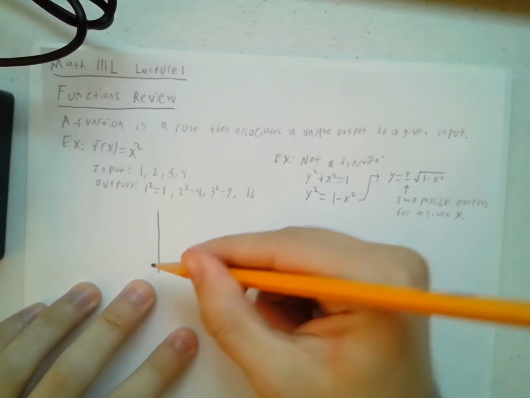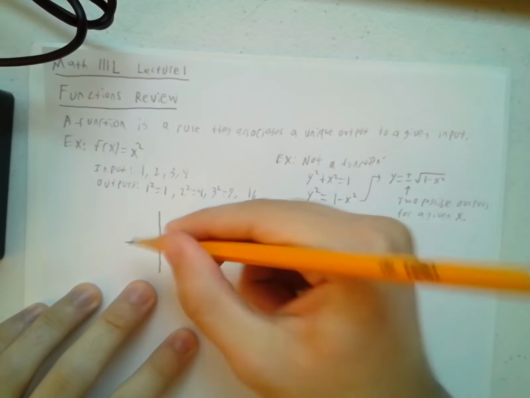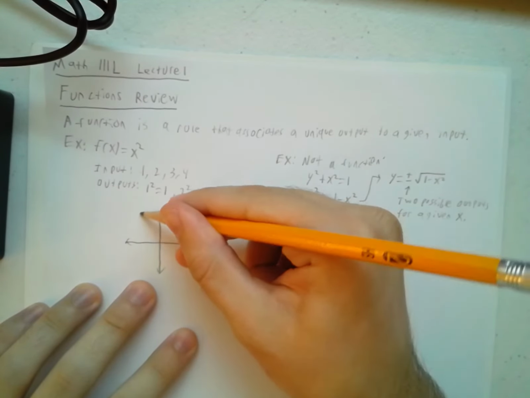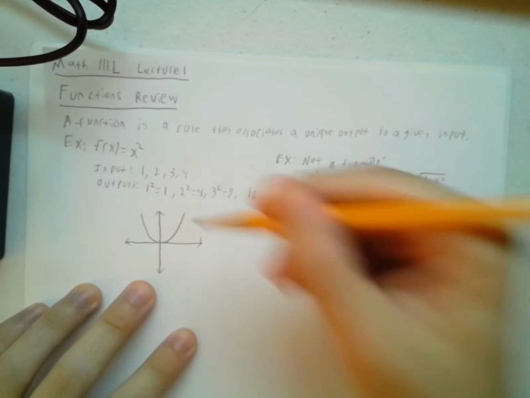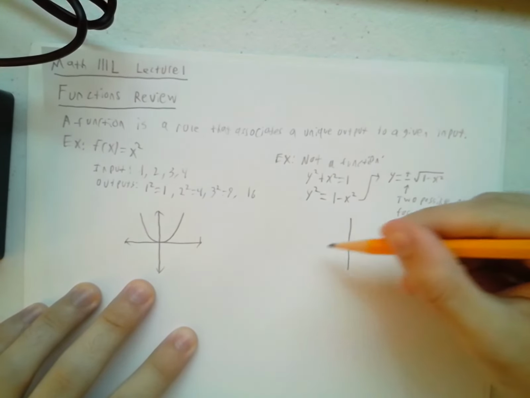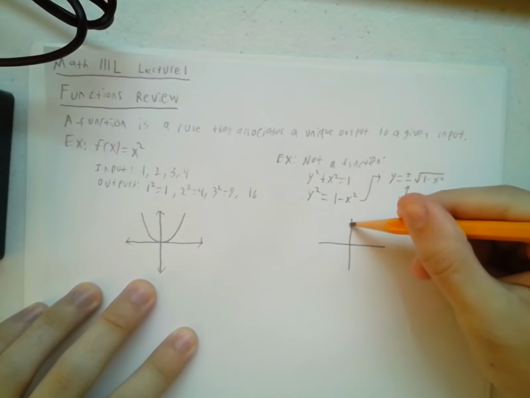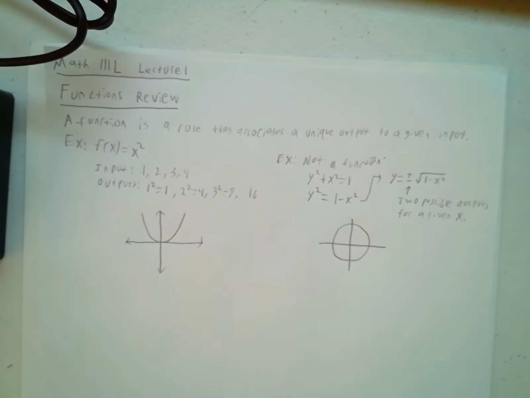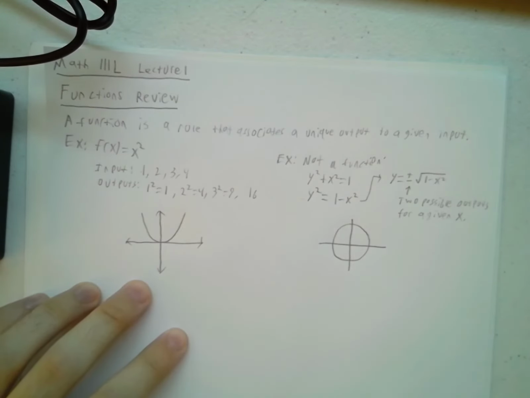So if we draw graphs of these two things, x squared gives us a usual parabola, and this one gives us a circle of radius 1. And so one thing you may recall is that if we have the graph, we can quickly tell if something is a function or not by using something known as the vertical line test.